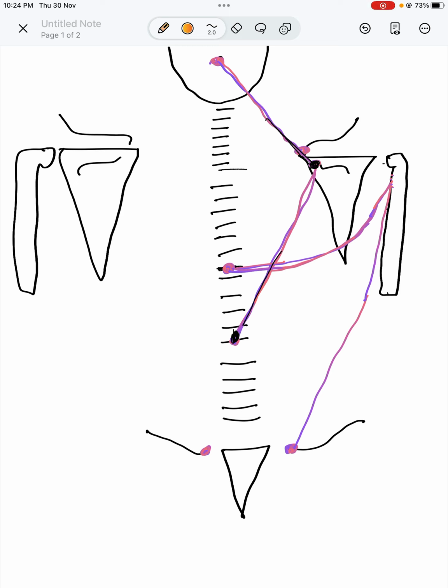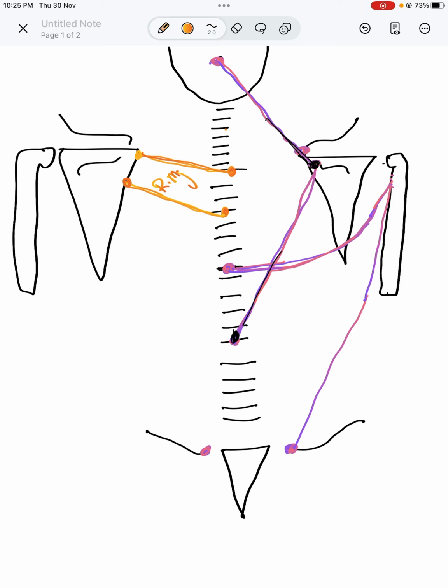And where is it inserting? It is inserting to the medial border of the scapula. Where is the medial border of scapula? Over here, right? So that is where it is going to insert. So we will just draw the insertion like this. This is your rhomboid major muscle. You have the point of insertion and the point of origin.